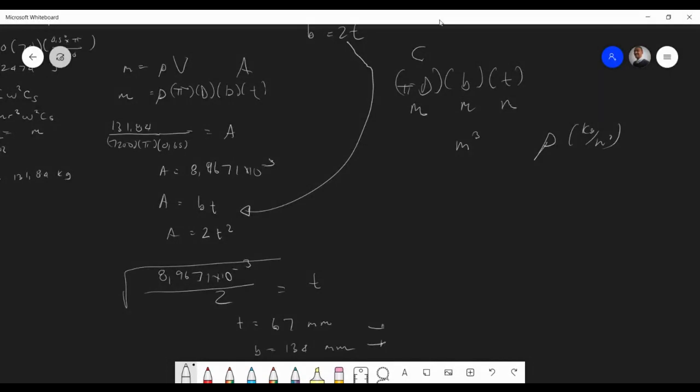Yeah, it's just pi d. It's not pi r squared or pi d squared over 4 because it's the circumference we're looking at. It's either 2 pi r or pi d, it's entirely up to you. Same thing, 2 times r is d. I was just thinking of area, not circumference. Okay, no problem.